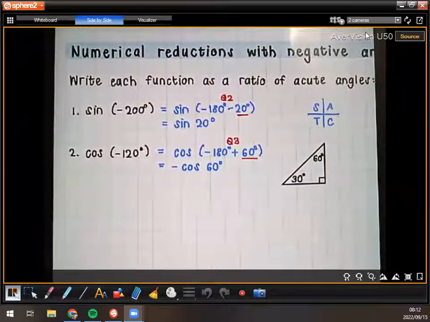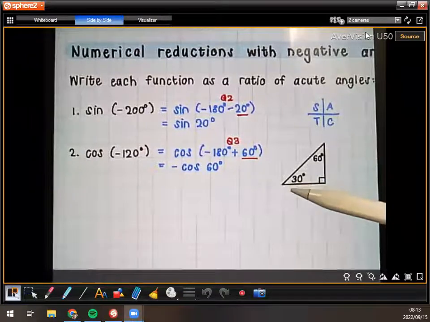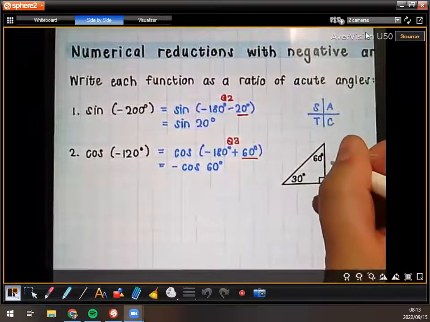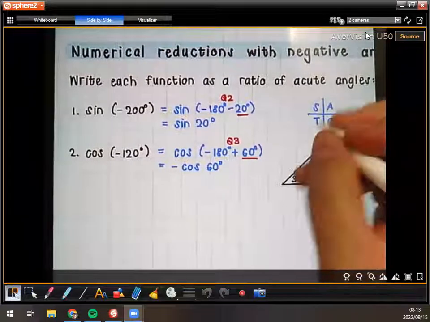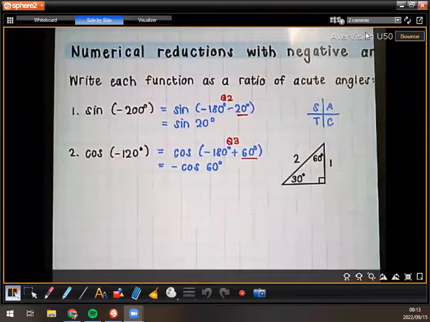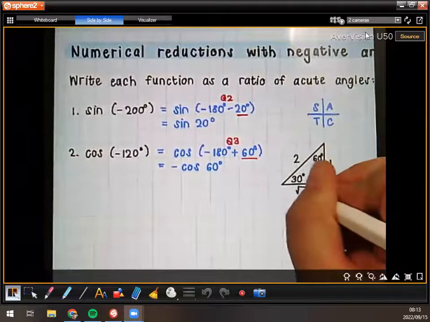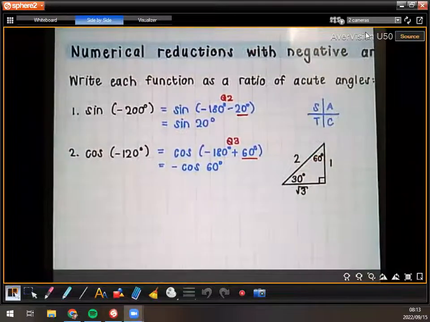Can we remember from yesterday, the shortest side is opposite the smallest angle, right? Which angle is the smallest? 30. So the shortest side is 1, so that must be opposite the 30 angle. Then we go around, we do 2, that's the hypotenuse, and then root 3 is that third side.